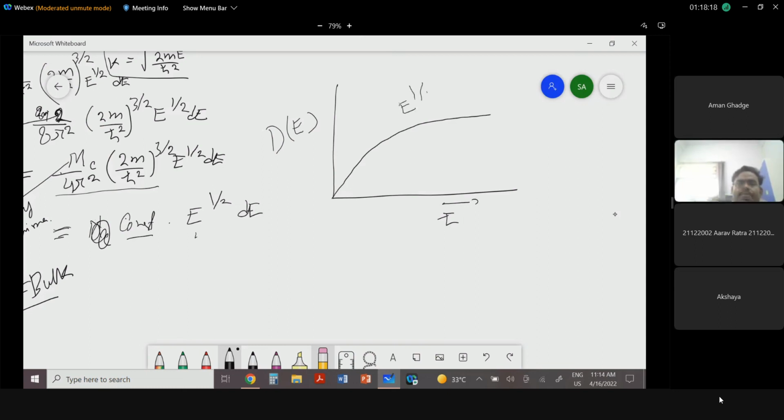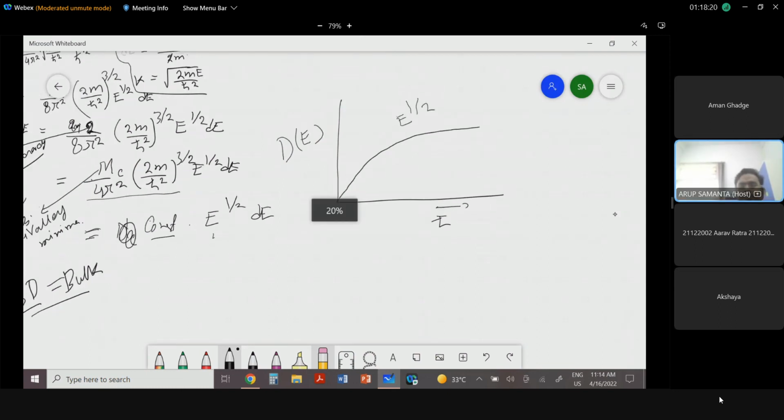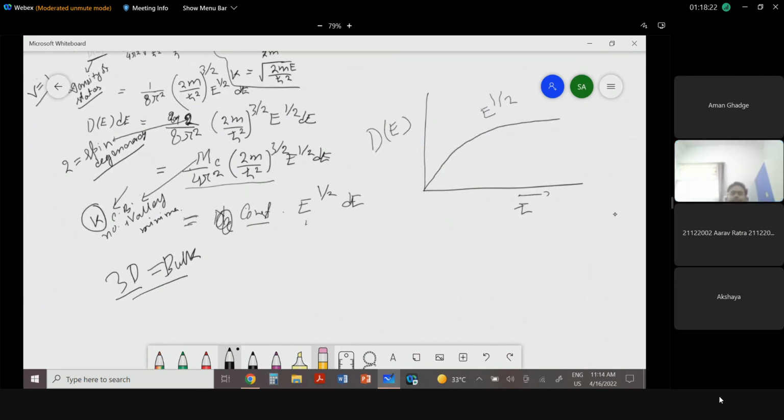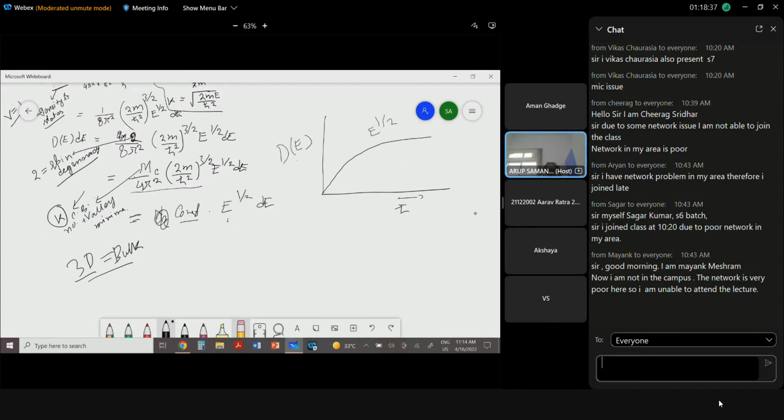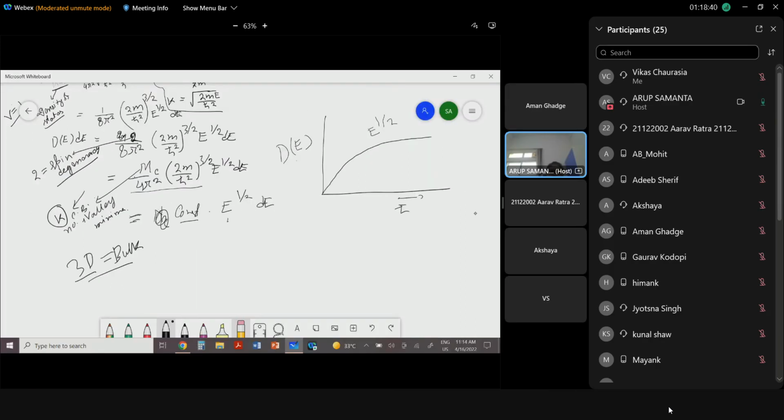This is your energy. If you change the energy, the number of electronic energy states varies something like this. This is your conduction band. You can find that the states available for the particle are something like this.